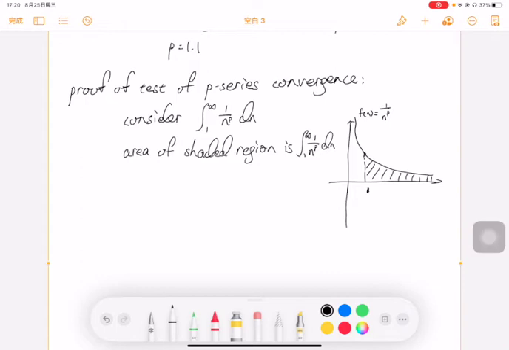Well, the sum of 1 over n to the p can be written as 1 over 1 plus 1 over 2 to the p plus 1 over 3 to the p, or it can be graphically represented as the sum of the areas of these rectangles.